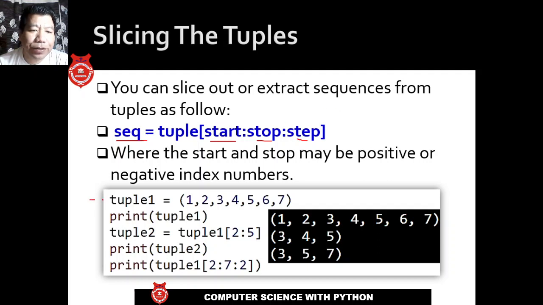Suppose I have a tuple 1 to 7, 1 2 3 4 5 6 up to 7, and I can print the tuple, which is shown here, 1 2 3 4 5 6 7, and I can create another tuple, tuple 2, by slicing out 2 to 5.